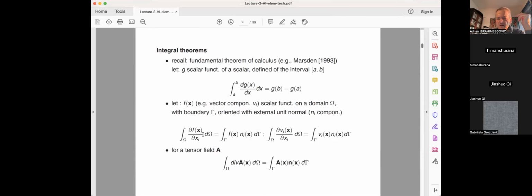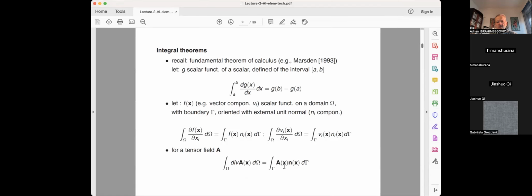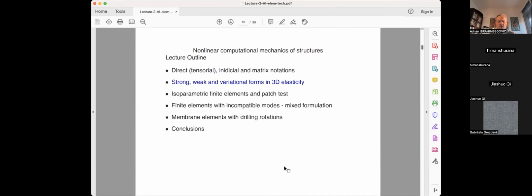So this is done for the scalar field, and this is done for the vector field. That's actually how you recover it. And then finally, for the tensor field, you have the same or similar type of development. So all these things are put together in a nice way, and you can go quickly and master the 3D version of an elasticity problem as we go along.